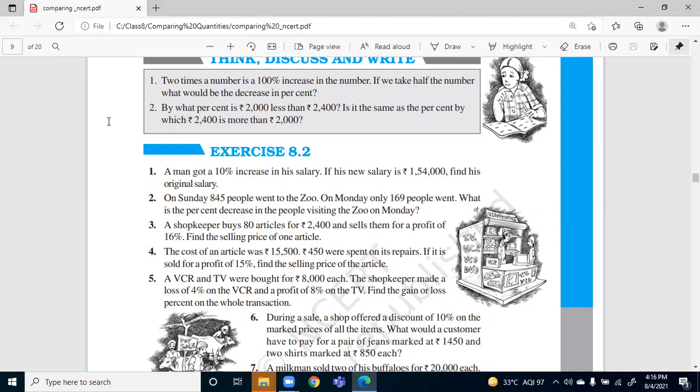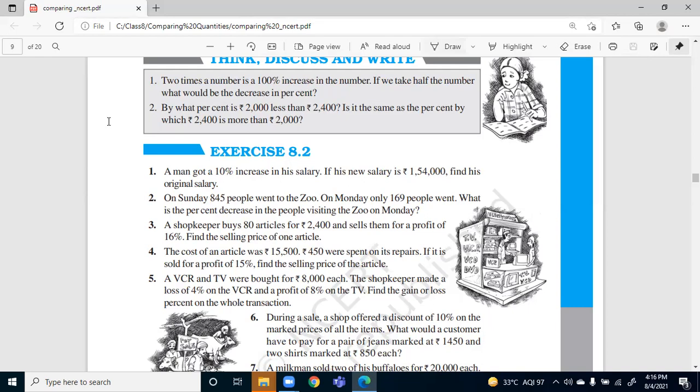A man got a 10% increase in his salary. If his new salary is 1,54,000, you have to find his original salary. So what happened? A man has some original salary and it gets increased by 10%. And now his new salary is 1,54,000.